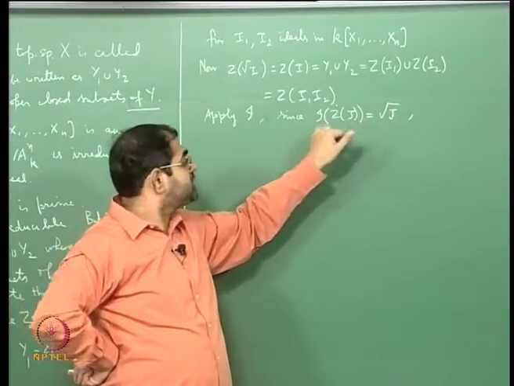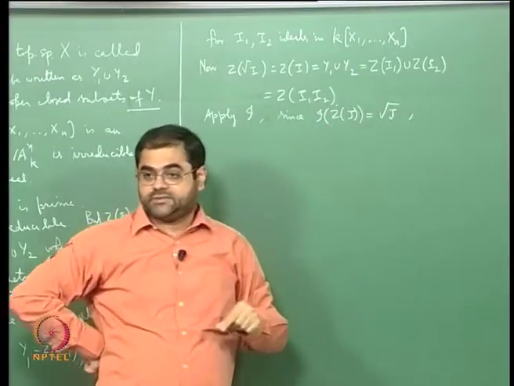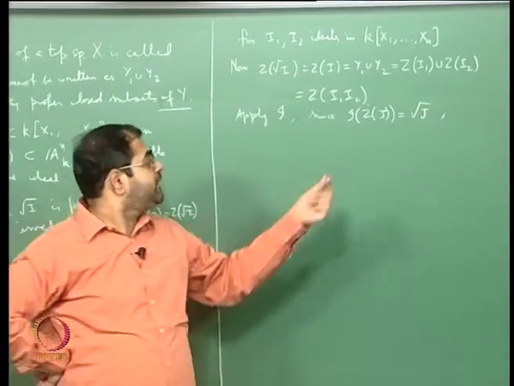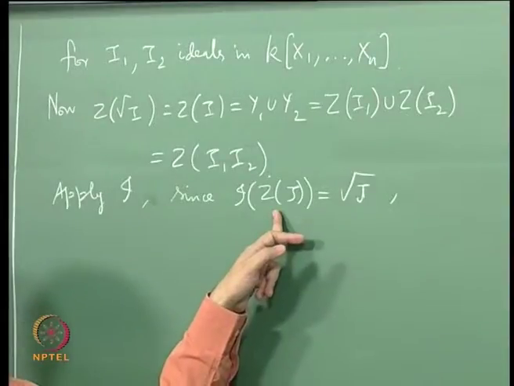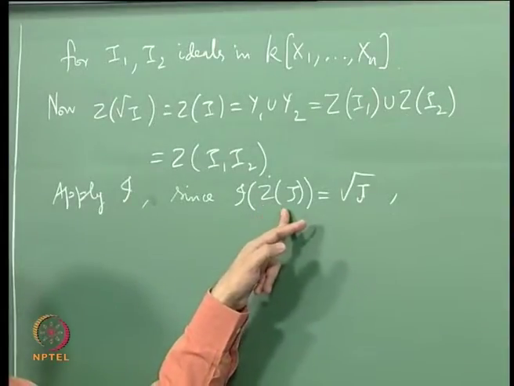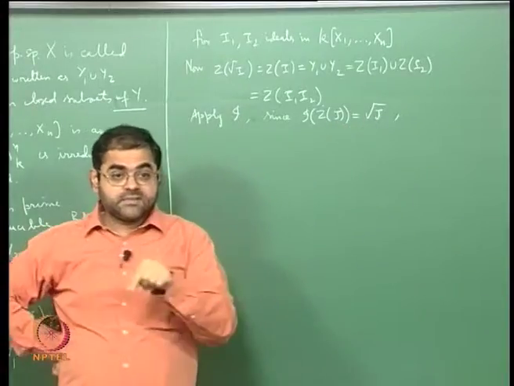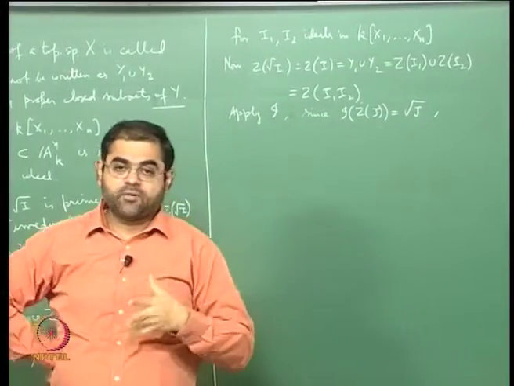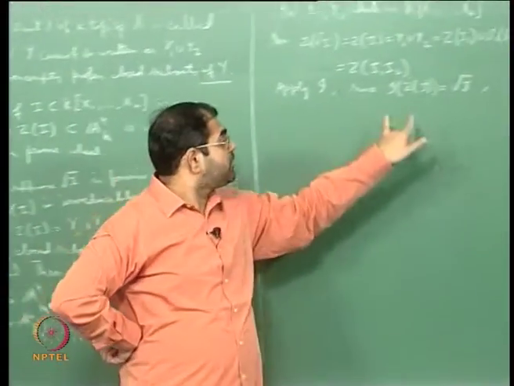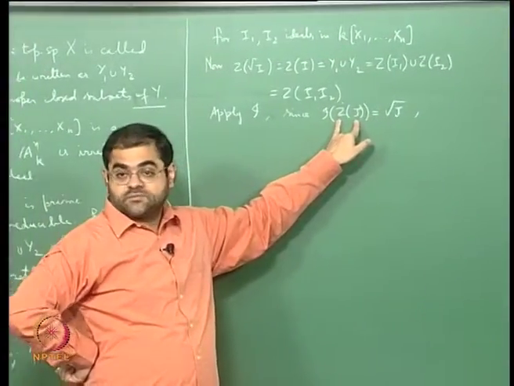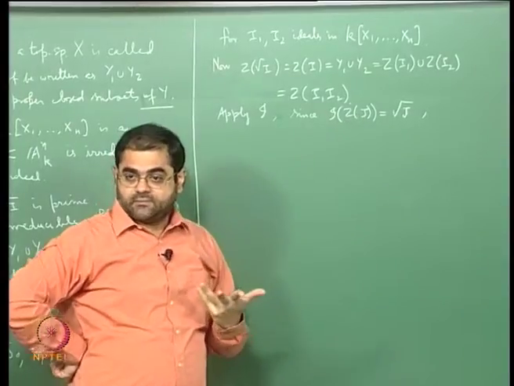The non-trivial thing is to say that I(Z(J)) is contained in rad J, namely if a polynomial vanishes on Z(J), then some power of the polynomial is in J. You cannot have a polynomial, some power of which is not in J, vanish on all the zeros of J, that cannot happen.